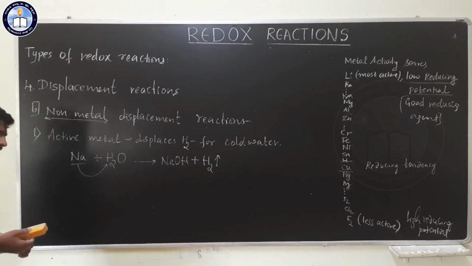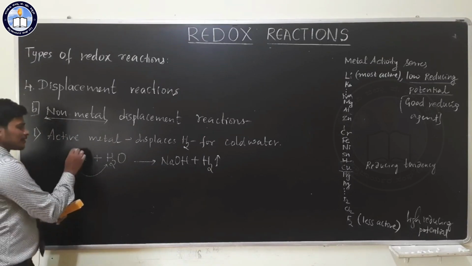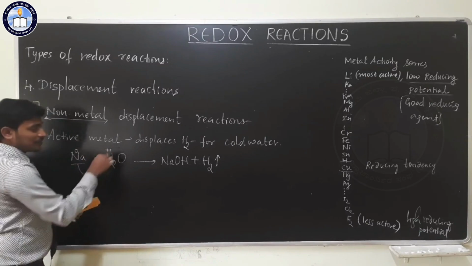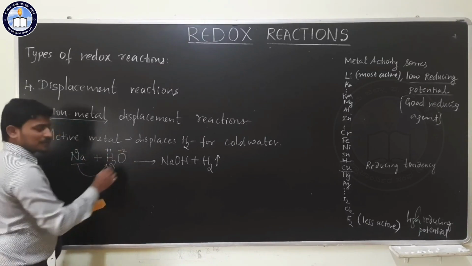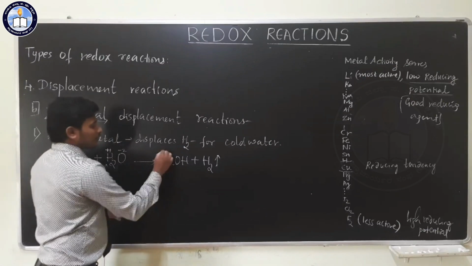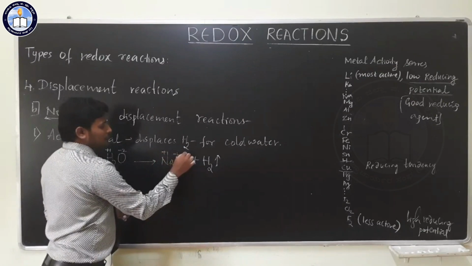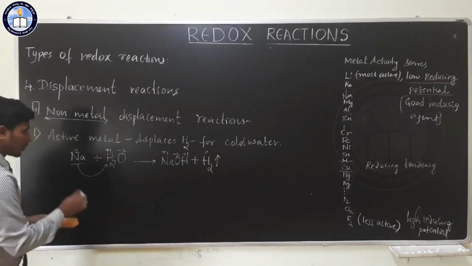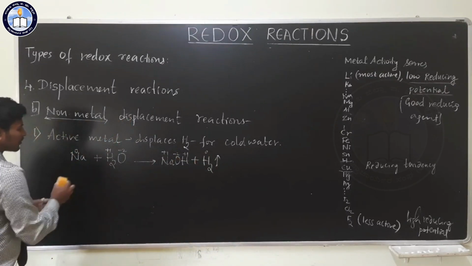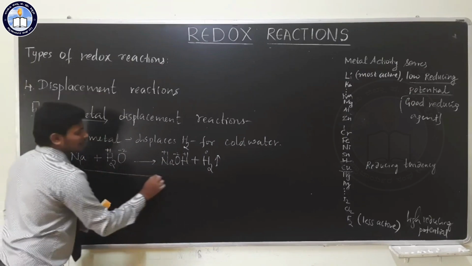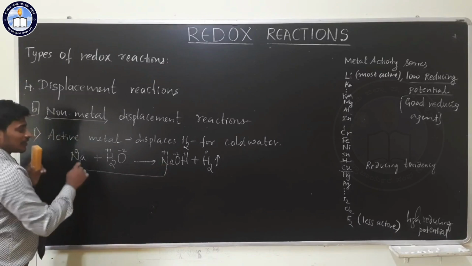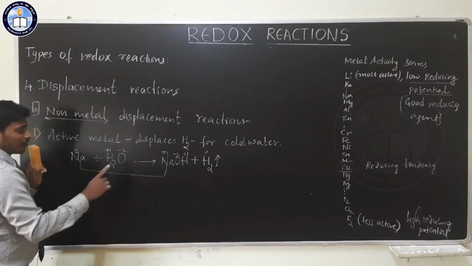Here also you can see the change in the oxidation number: 0 for sodium because it is in the elementary state, hydrogen is +1, oxygen is -2, here +1, -2, +1, 0. See this one, sodium changes from 0 to +1, so the change in the oxidation number is 1.